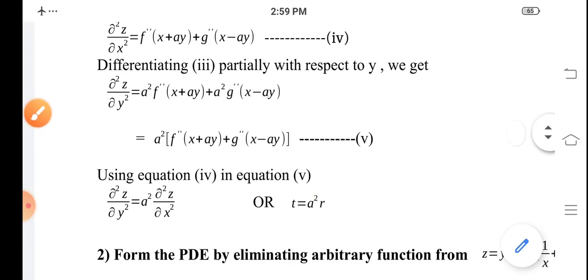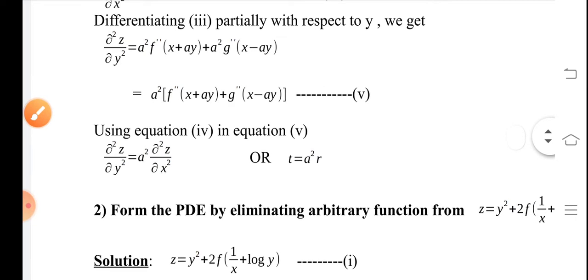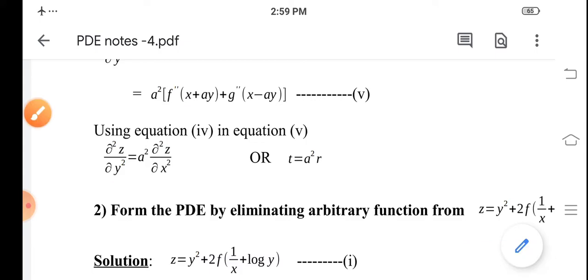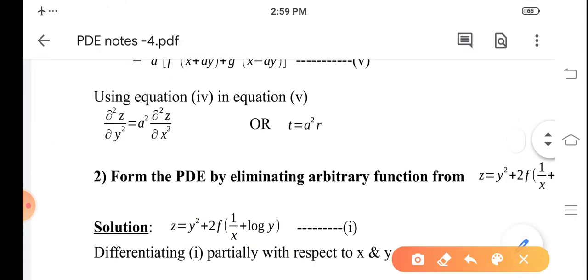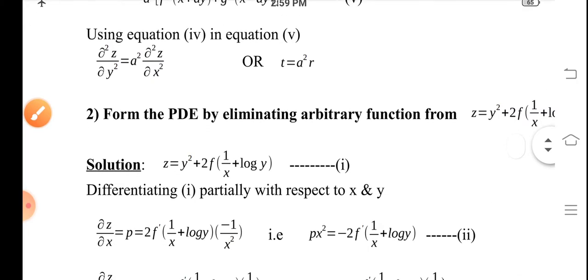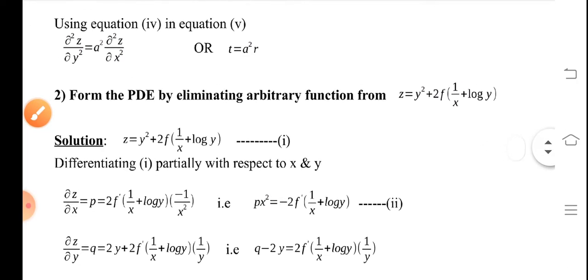So, using equation 4 in equation 5, we write dou square z by dou y square equal to a square into, here this term will be dou square z by dou x square. So, we write it as t is equal to a square r. Here t stands for dou square z by dou y square and r is the notation for dou square z by dou x square. Now, let us see the next question.